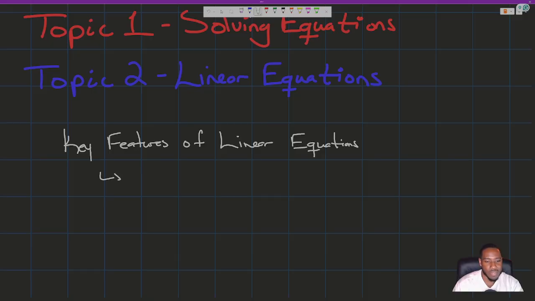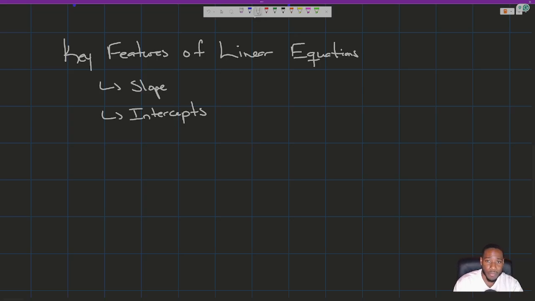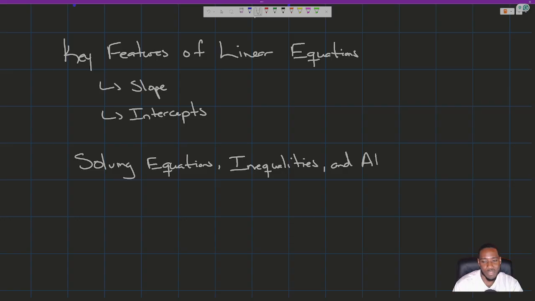That is your slope, your intercepts. You want to make sure that you are good about solving equations, inequalities, and absolute value equations.